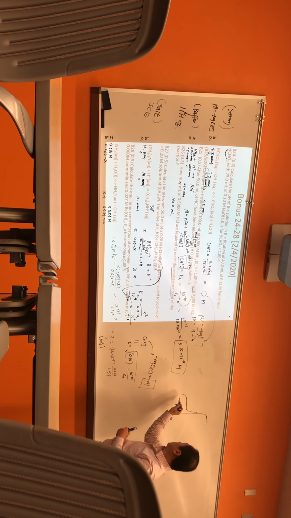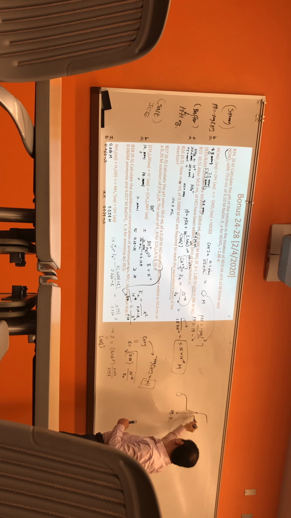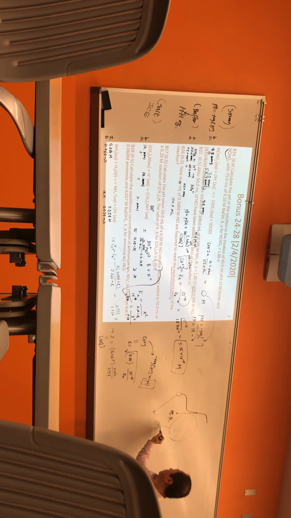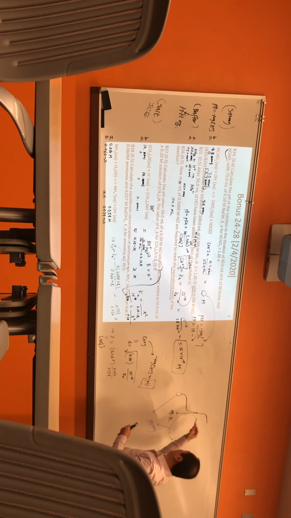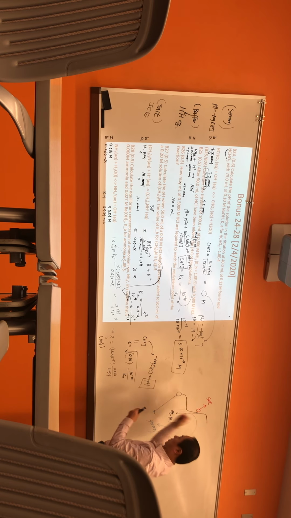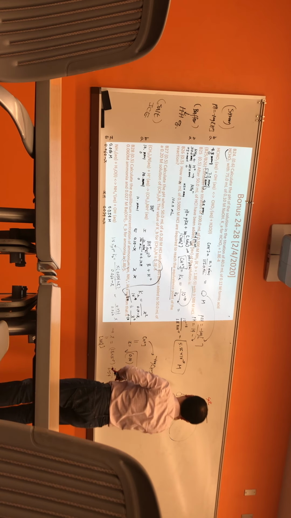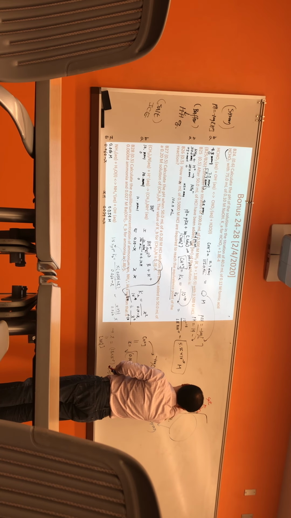So at the initial point and beyond the equivalence point, we are dealing with strong stuff. At the equivalence point, we are dealing with salt. Anything in between, we are dealing with a buffer.